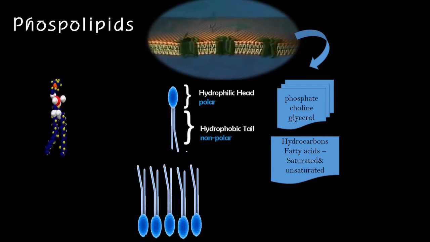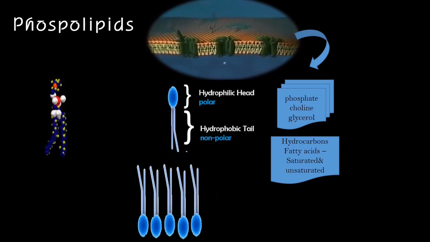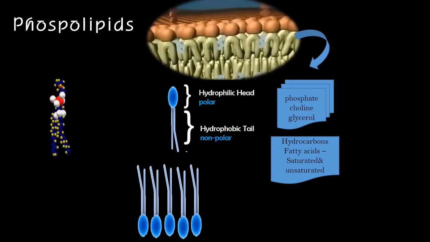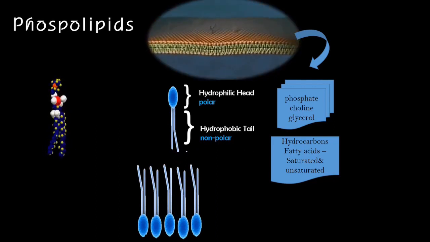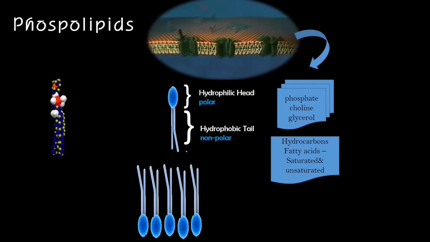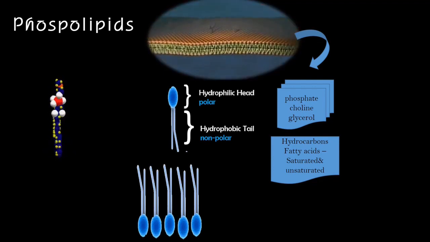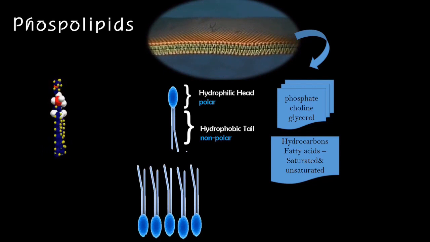Second, the hydrophobic non-polar tail, which is an uncharged molecule, and it hates water. The hydrophobic tail consists of fatty acids and hydrocarbons, of which the left tail is saturated and the right tail is unsaturated.